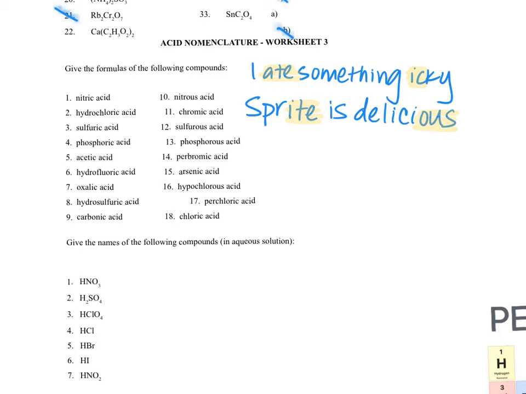So let me give you an example of that. Nitric acid, the IC means that it came from the polyatomic ion nitrate, which is NO3-. So to finish the chemical formula, all I would need to do is balance the charge with a hydrogen in front, just 1 hydrogen, and that would make this a neutral compound.